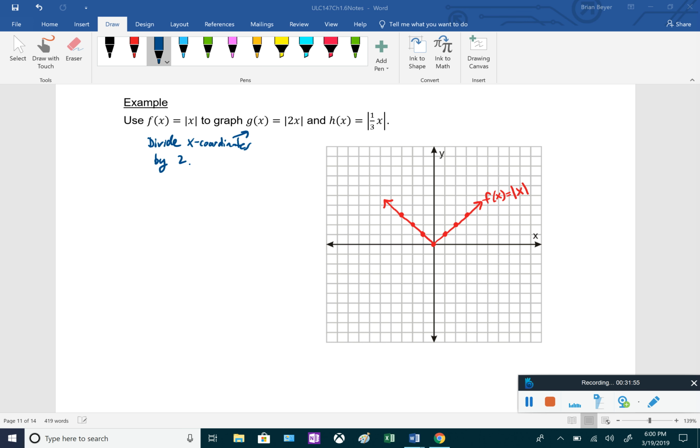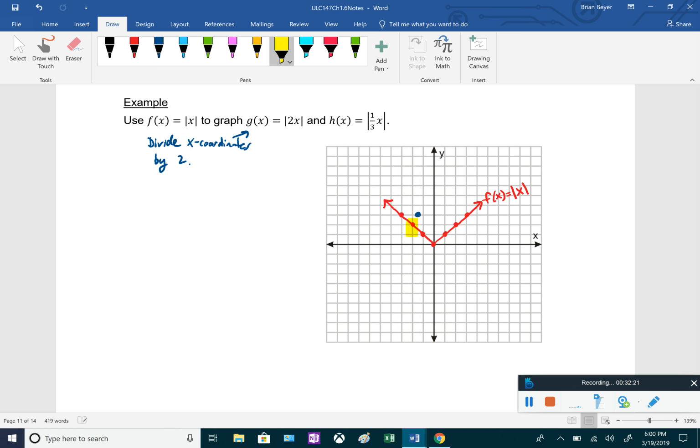So I'll start from the left. So for this coordinate all the way over here, for negative 3 comma positive 3, the x coordinate is negative 3. Divide that by 2, and we get negative 3 halves. So negative 3 over 2, which is negative 1.5. The y coordinate stays the same, so it'll be that point.